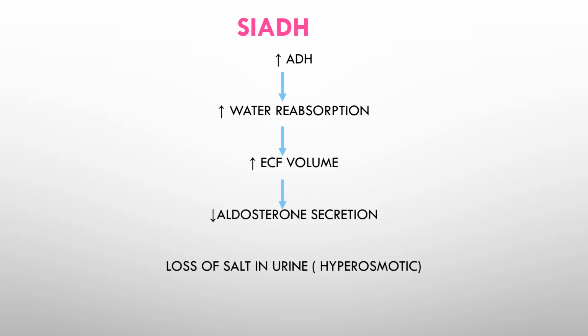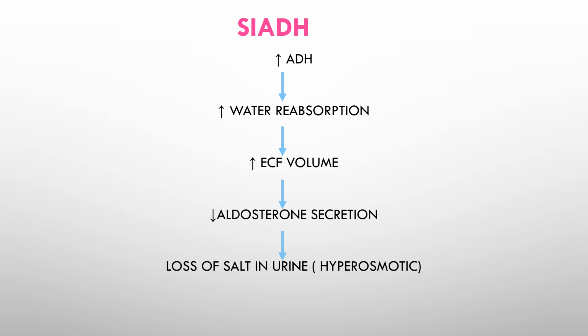SIADH, syndrome of inappropriate secretion of antidiuretic hormone. When there is an increase in the antidiuretic hormone, the reabsorption of water will be more, and that increases the ECF volume, which decreases the aldosterone secretion, and that causes loss of salt in the urine.